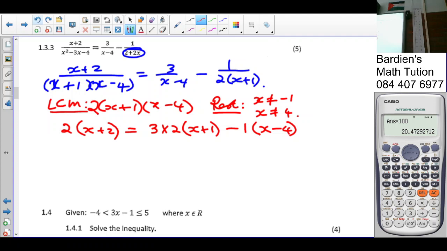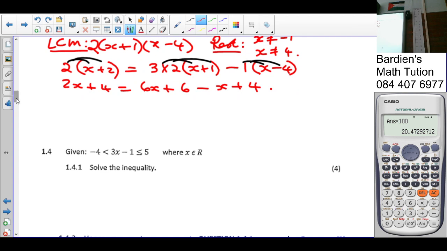So what we do now? Get rid of the brackets. So that's going to give us 2x plus 4 equals 6x plus 6 minus x plus 4. You agree with that? Now what we do? X is one side, numbers the other side. So it's going to be 2x minus 6x plus x equals.